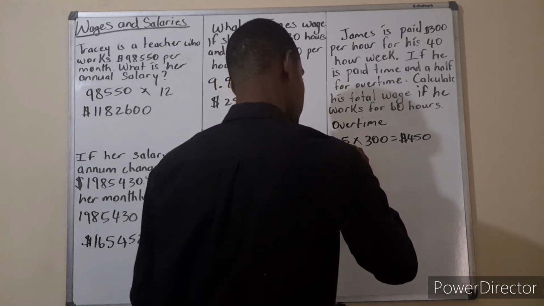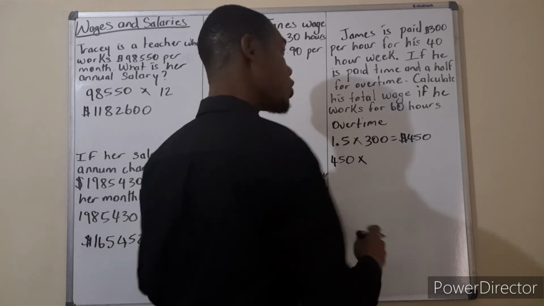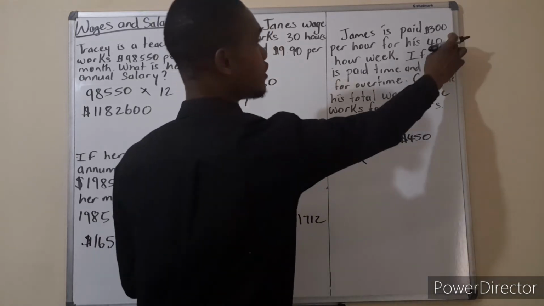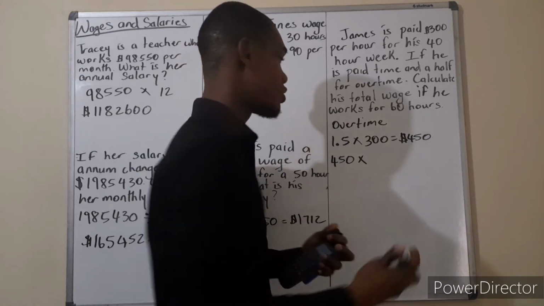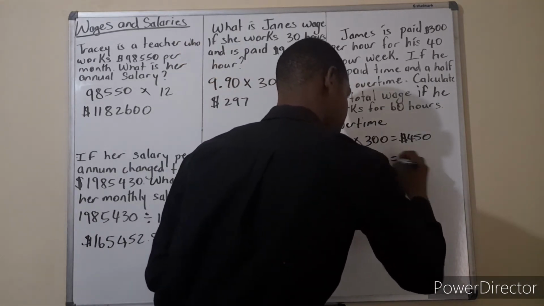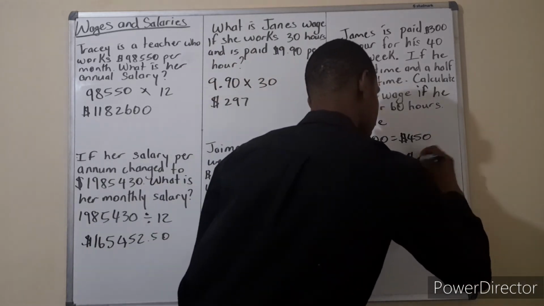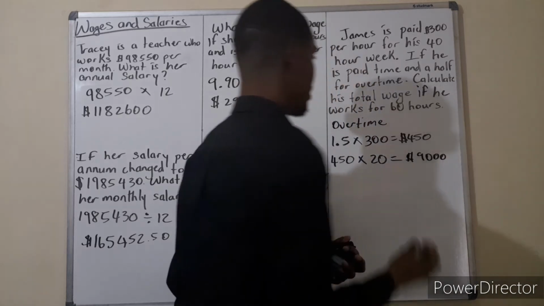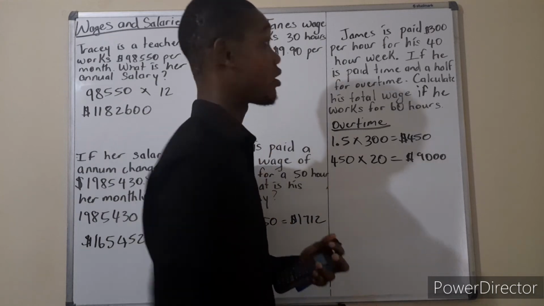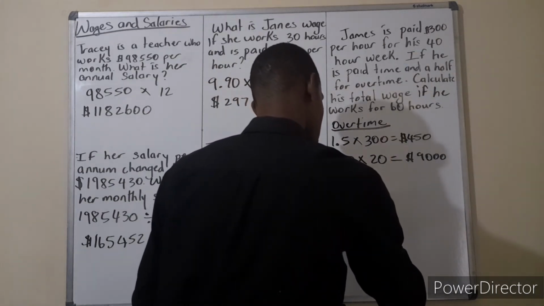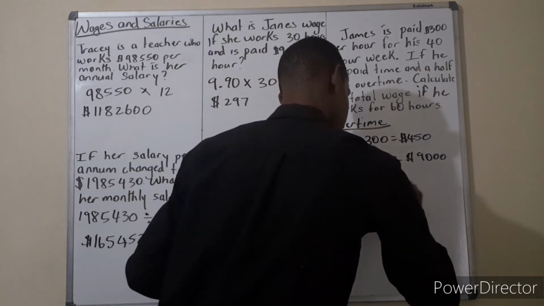Now, the final pay for overtime would be 450 multiplied by the extra hours. So if he should be working 40 hours and he worked 60, that would be 60 minus 40 to give you 20 hours of extra time. So that's 450 multiplied by 20, and that would give you $9,000. So that's his overtime pay here. But that doesn't finish the question, because he would still have been getting $300 for the 40 hours that he would have worked.